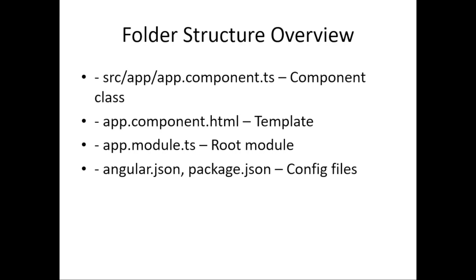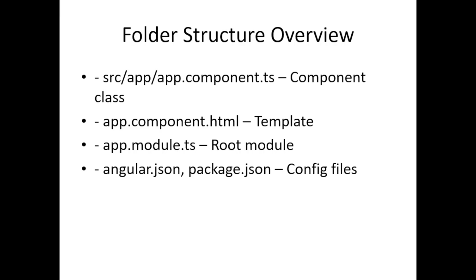Then you have app.module.ts. This is the root module that tells Angular which component and module to load when the app starts. Outside the folder we have angular.json, which is used by Angular CLI to control how your application is built, styled and served.